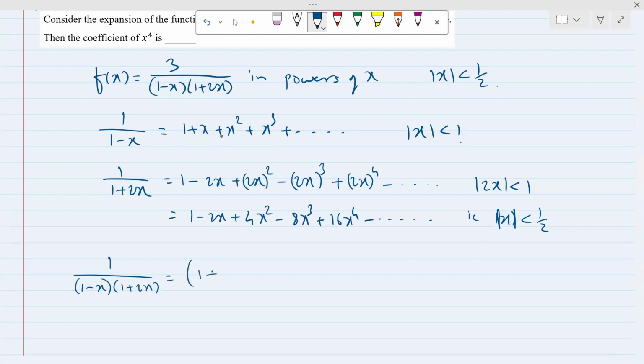I already have the power series expansion of the first, and I also have the power series expansion of the second. So is it possible to multiply?